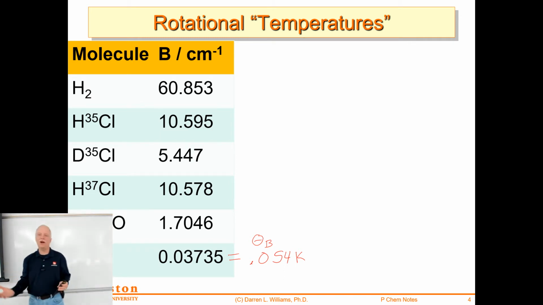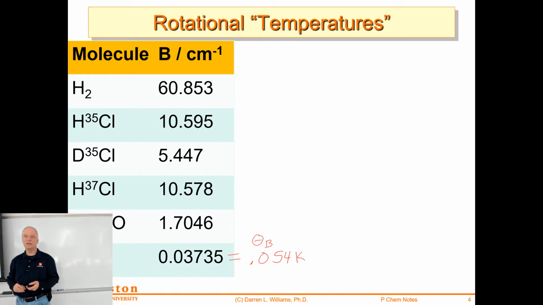So now we can compare that to room temperature. How many rotational energy levels are populated at room temperature for iodine? We're taking 300 and dividing by 0.05. So we're essentially multiplying 300 by 20. So 6,000 rotational energy levels for iodine are populated at room temperature.